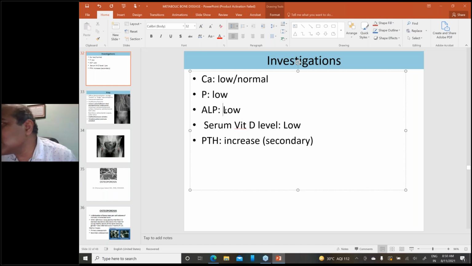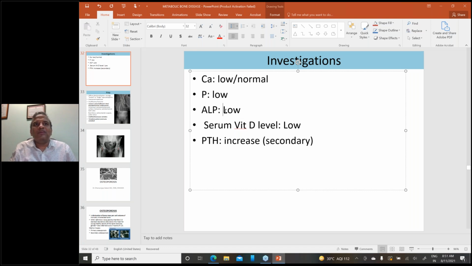Whereas the next group is known as fragility fracture. Fragility fracture is where the bone fragility is related to osteoporosis, with a decrease in the bone mass. The bone mineralization is not defective. The bone mass means the calcium, minerals, bone proteins and collagen, everything is deficient in the bone.